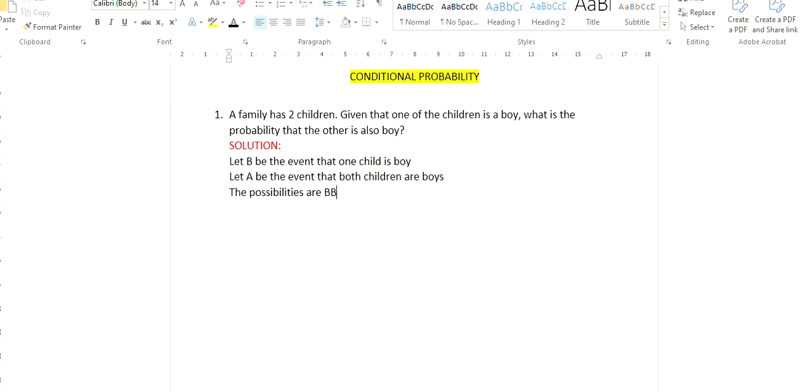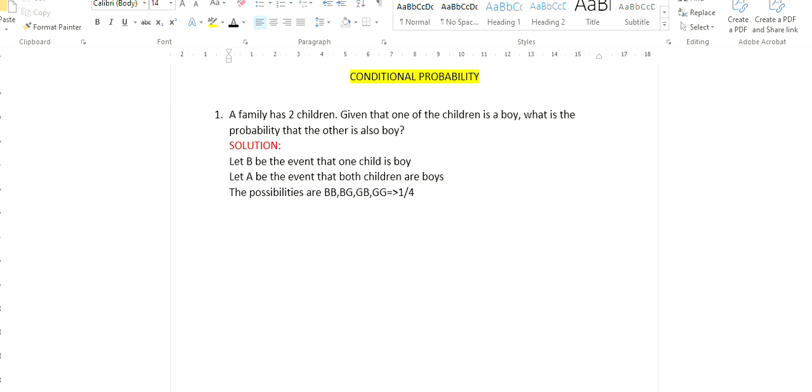So the possibilities are BB, both can be boys; one boy and one girl can be there; one girl and one boy can be there; and both are girls. So these are the possibilities, divided by 4 possibilities. It's similar to tossing a coin. They are asking about another boy, so what is that one combination out of two children? That is 1 by 4.